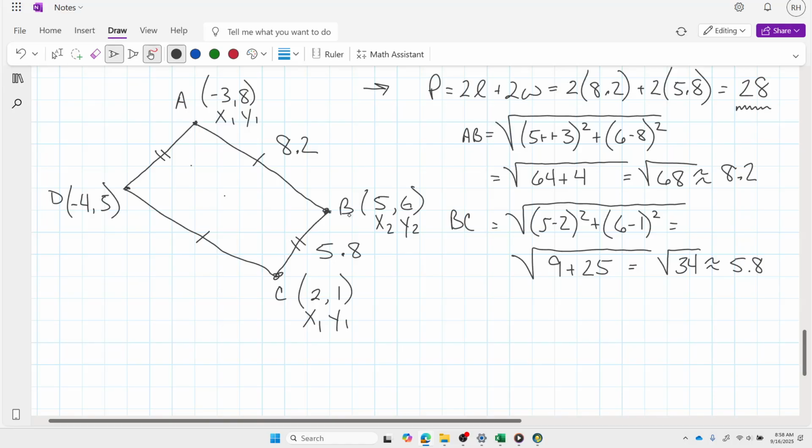That's the distance around the rectangle. And then the area of a rectangle is equal to length times width. So the area is equal to 8.2 times 5.8, and that's 47.6.